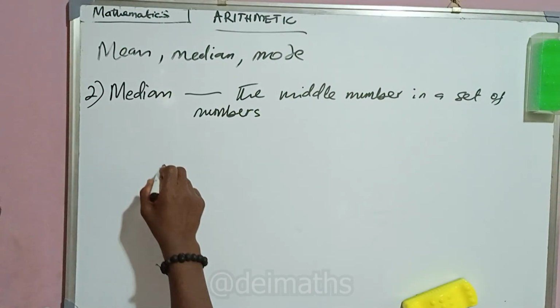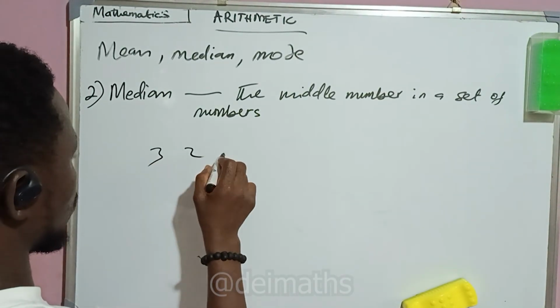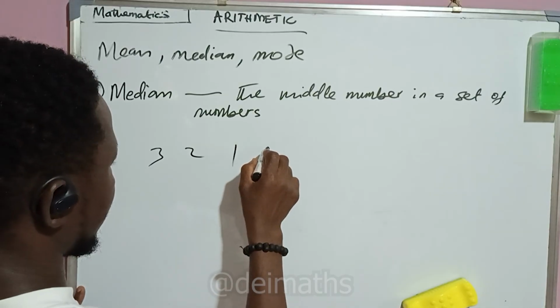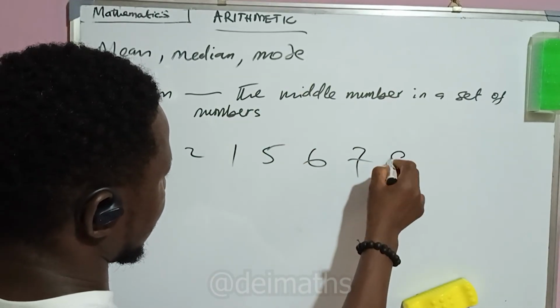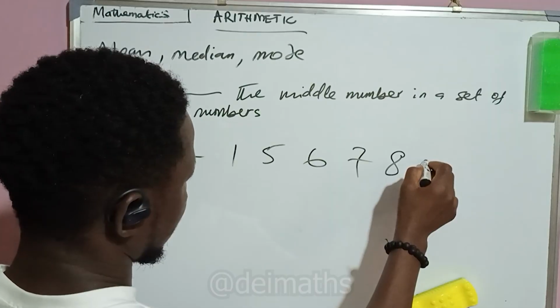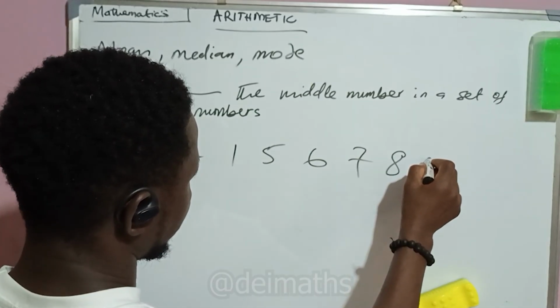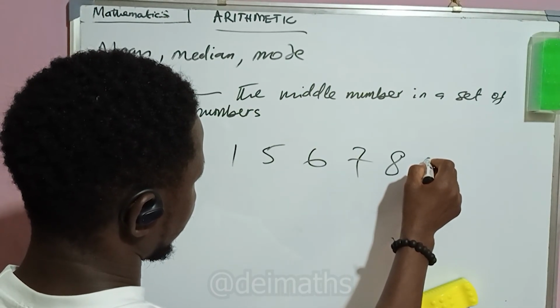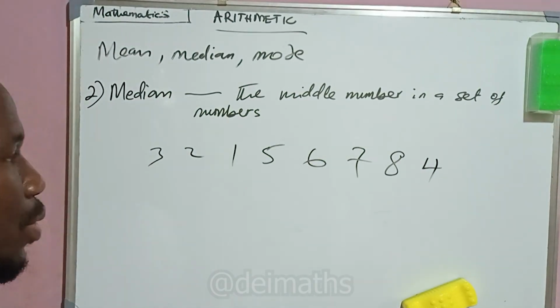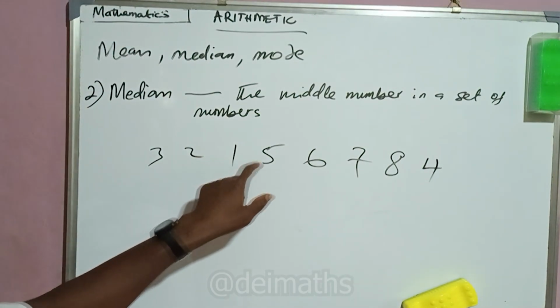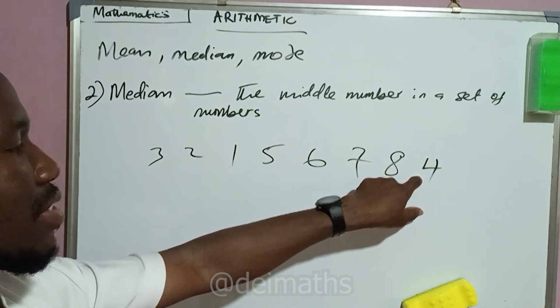Supposing we have something like 3, 2, 1, 5, 6, 7, 8, 4. You can't just say 1, 2, 3, 4, 5, 6, 7, 8.